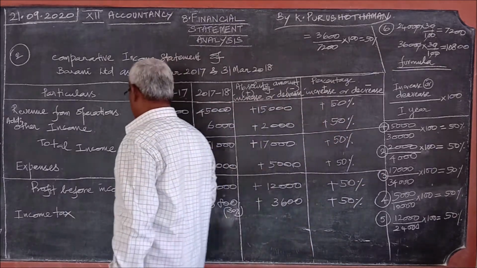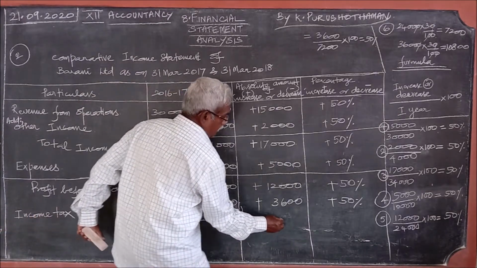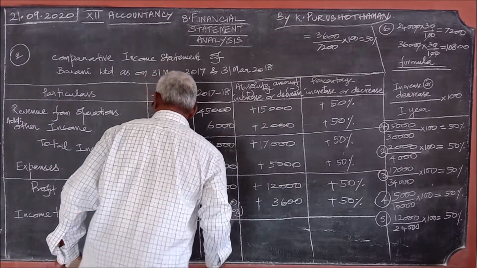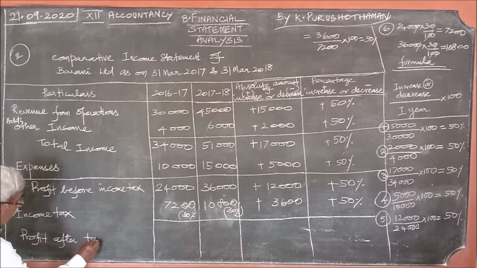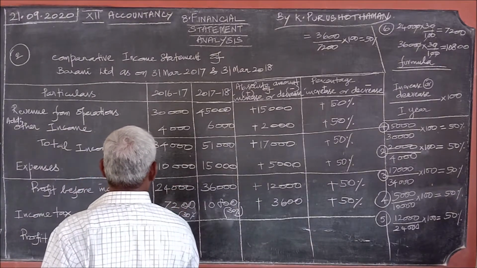Now the last step is profit after tax. Profit after tax. You minus 7,200 from 24,000.